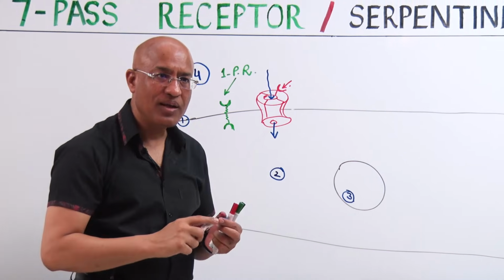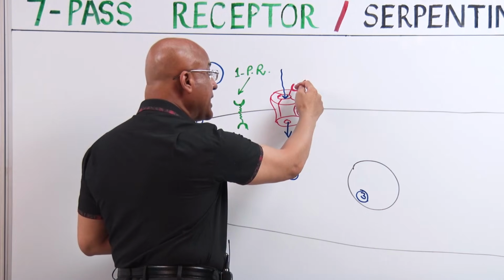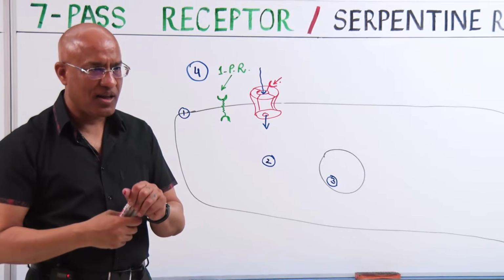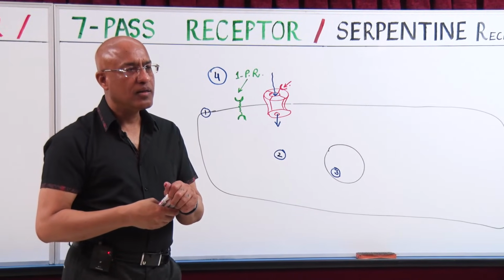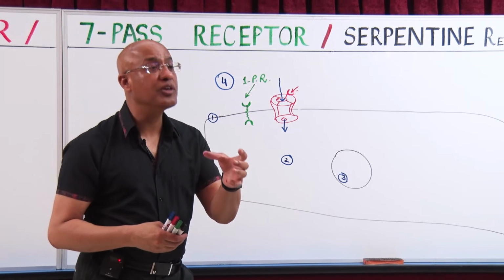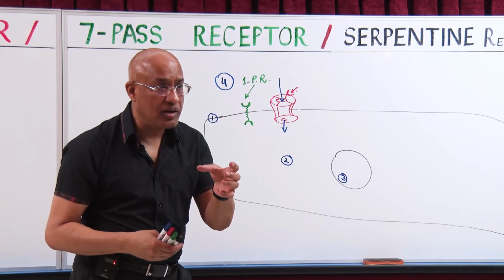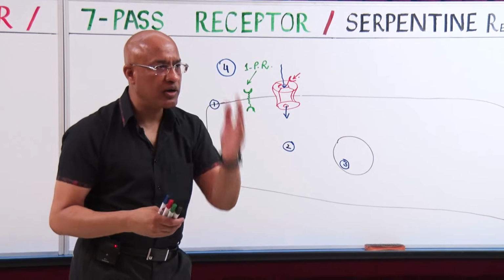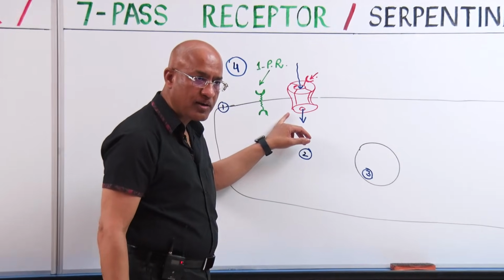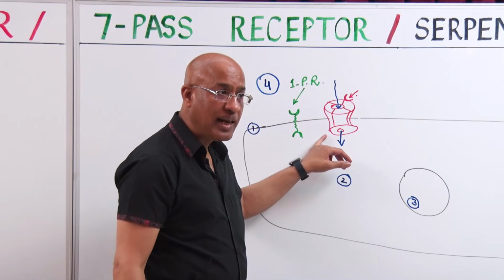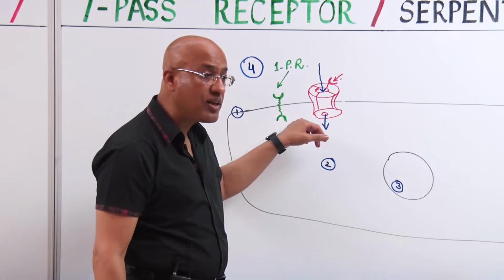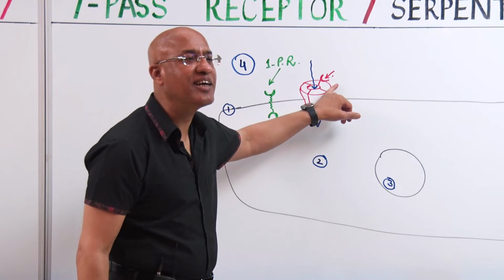This is acting as the effector component. So upon ligand binding, some ion channels undergo conformational change, and that alters the flux of movement of the ions, right? So we call such receptors, these are ion channels, but they are operated by ligand binding.